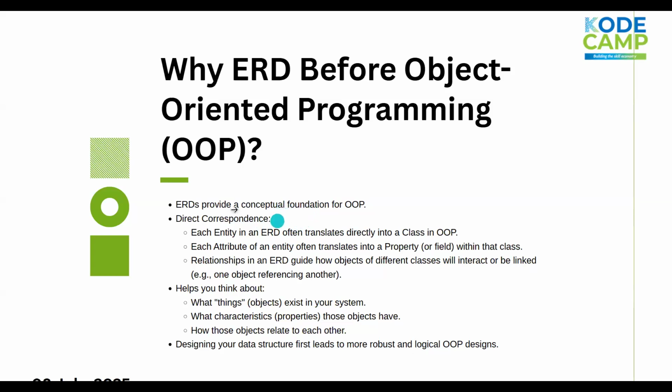So after you have identified the entity, the next thing is the attributes that describe your entities, like a student. What are those attributes of a student? We have the first name, the last name, address, phone number. Aside from the student, what else can be an entity?